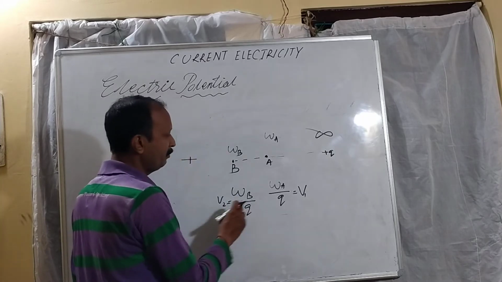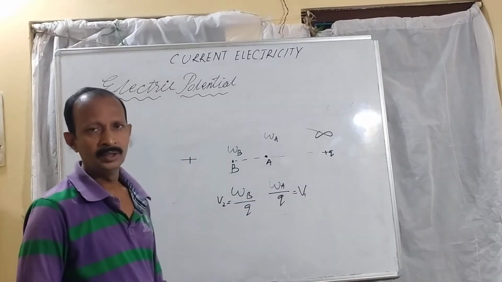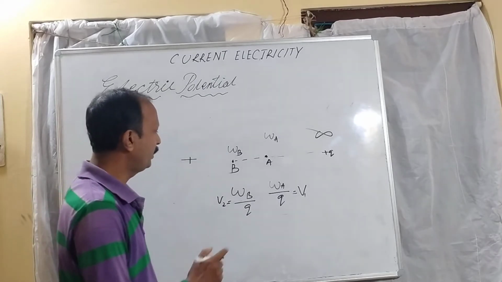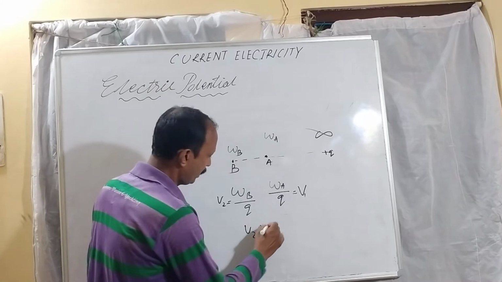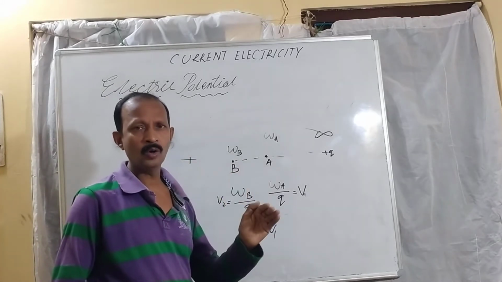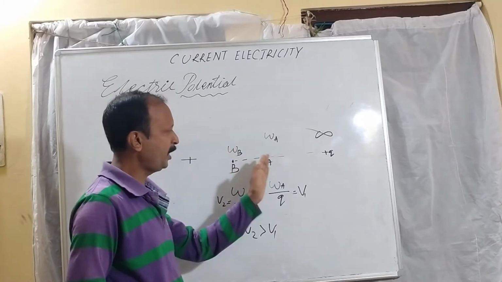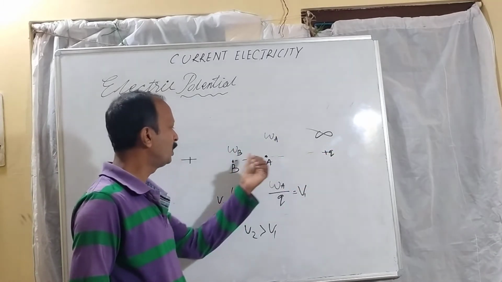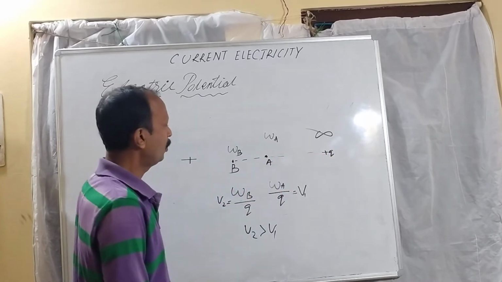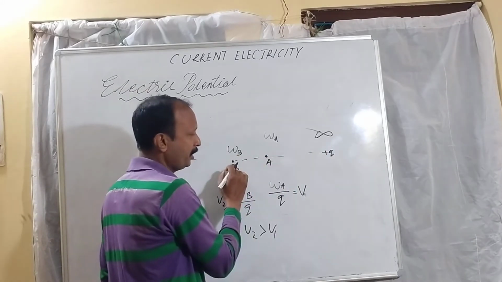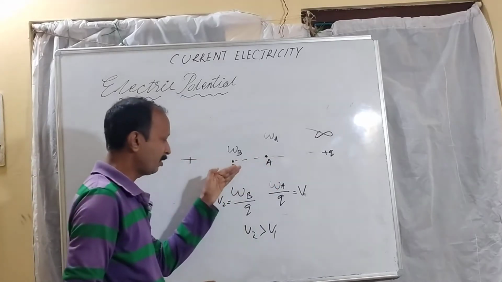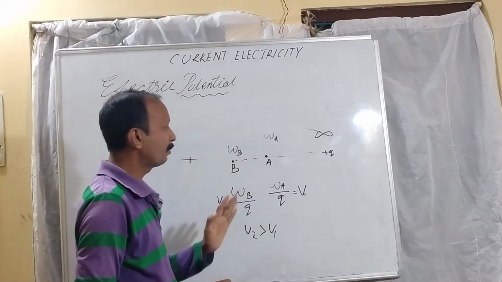Now tell me between V2 and V1 which one is greater? Definitely V2 will be greater than V1 because we have done more work to displace from infinity to the point B in comparison with A, because up to B it has travelled more distance in comparison with up to A. So I can say that here V2 is greater than V1.